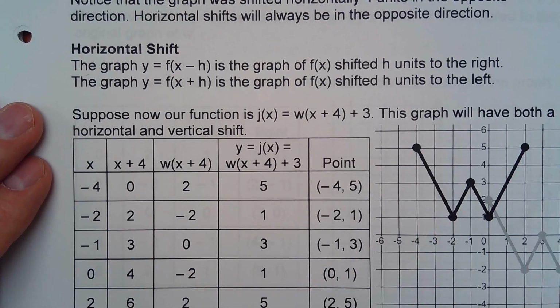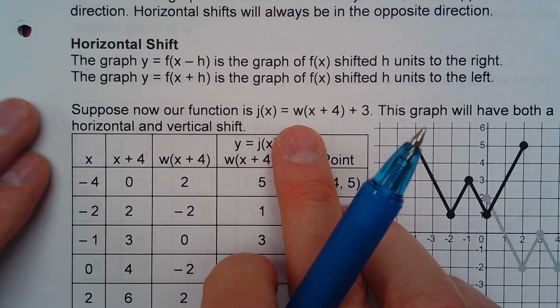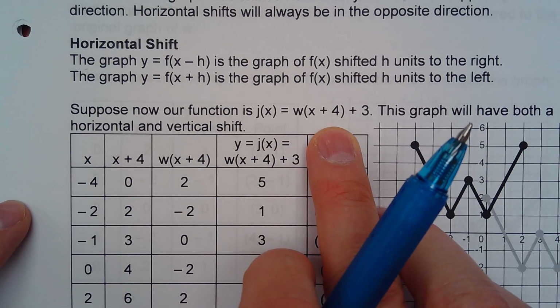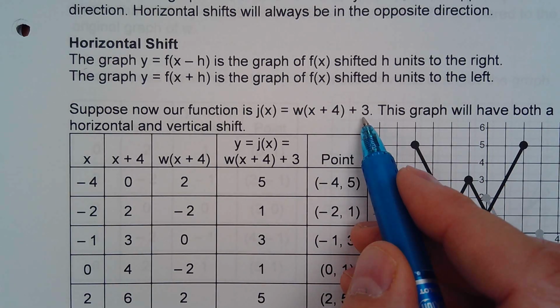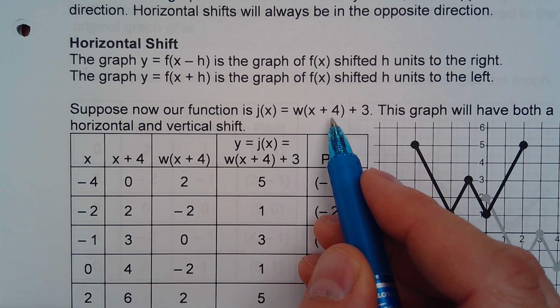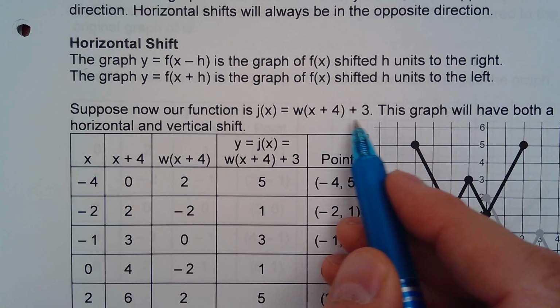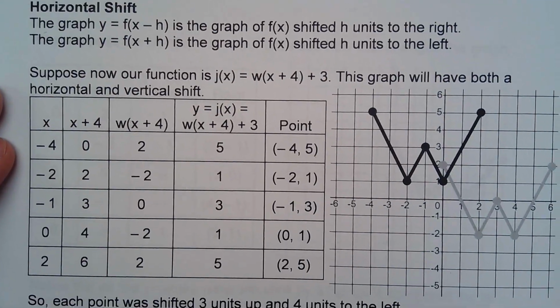So now let's say I formed our new function, j of x equals w of the quantity x plus 4, plus 3. My vertical shift is 3. My horizontal shift is going to be -4, in other words, 4 units to the left. So I'm going to shift 4 units to the left and up 3, applying both of those transformations.